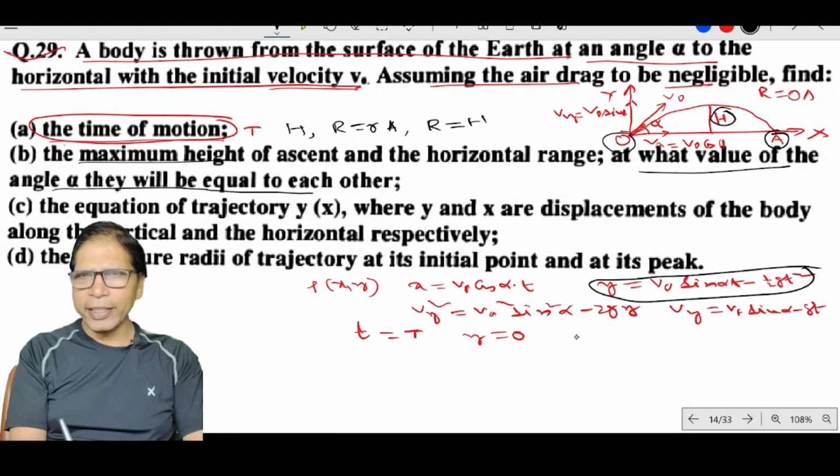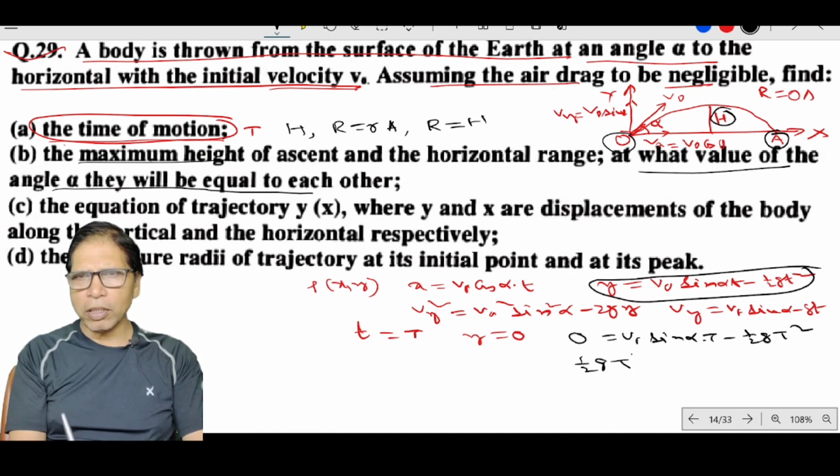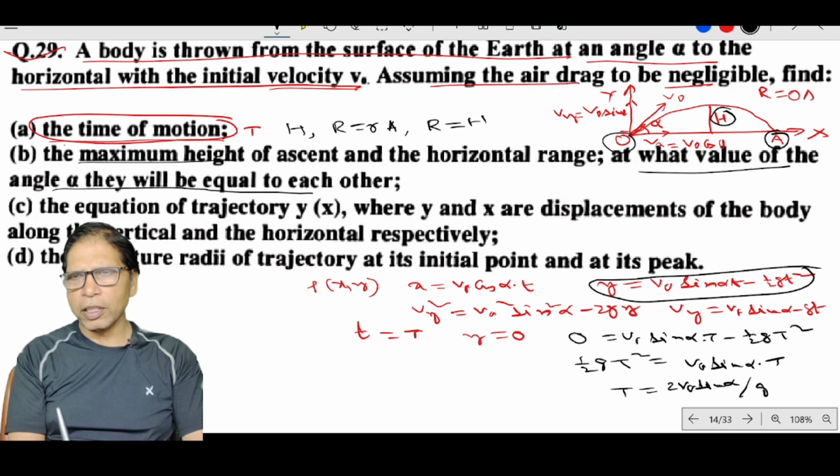So 0 equals v naught sin alpha into t minus half g t square. Therefore half g t square equals v naught sin alpha into t. Therefore, T equals 2 v naught sin alpha divided by g, the total time of flight.